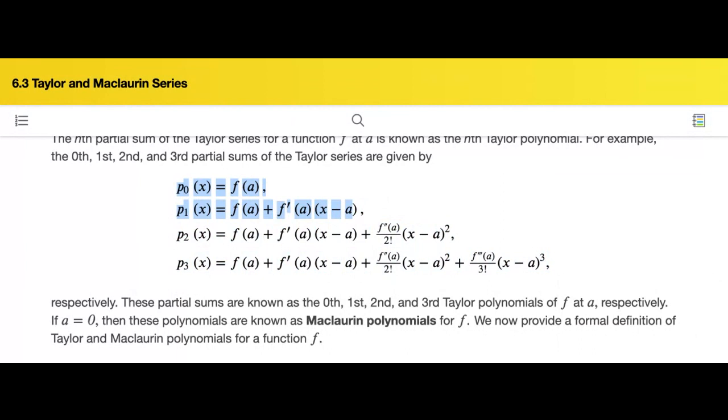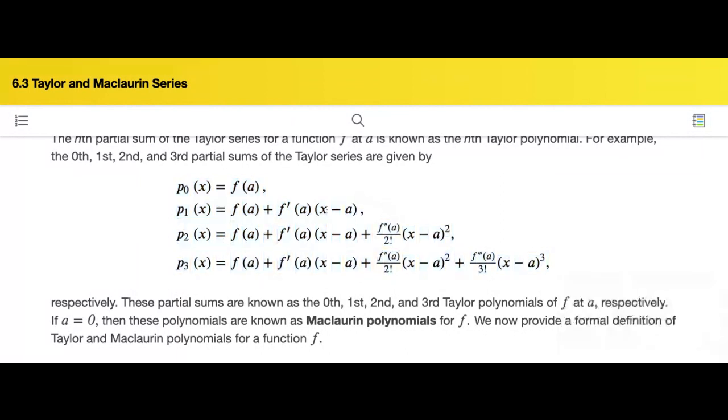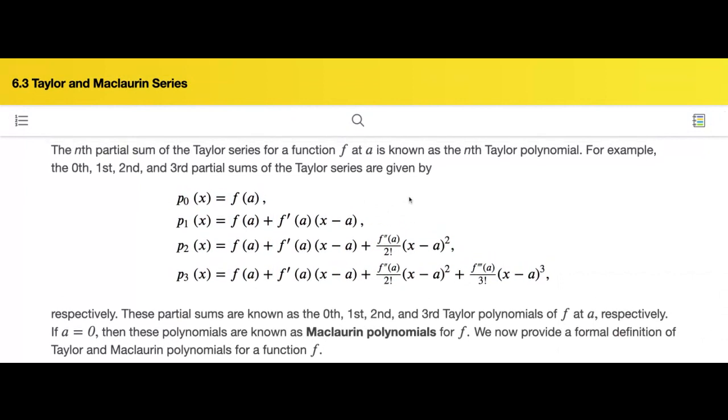So (x minus a) raised to 1. So the exponent for x is 1. So it's first order. First order is linear, right? So it's a linear representation, or we call it the first order Taylor polynomial.